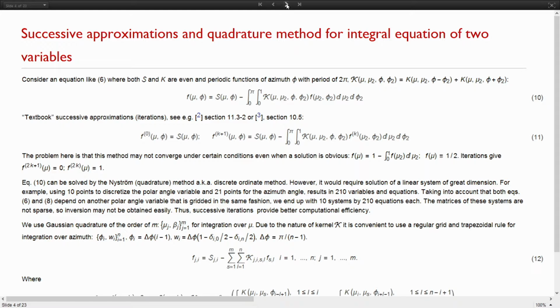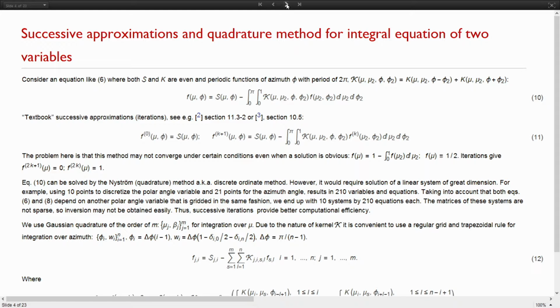The equation can also be solved with the quadrature method. But if we discretize the equation for a function of two variables, we can end up with a system of linear algebraic equations of great dimension. And so we need to develop effective methods of solving it.